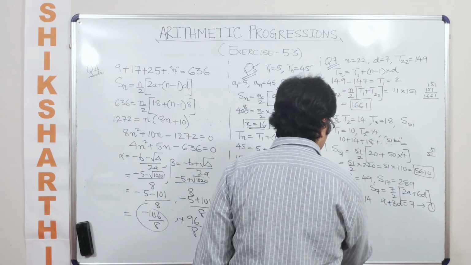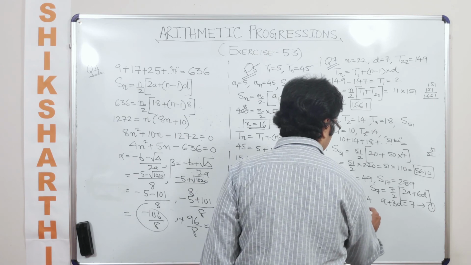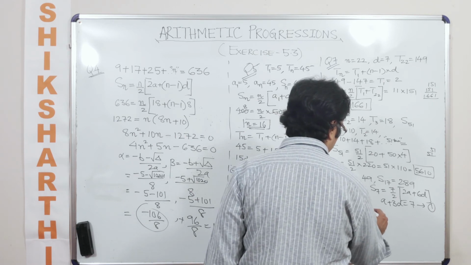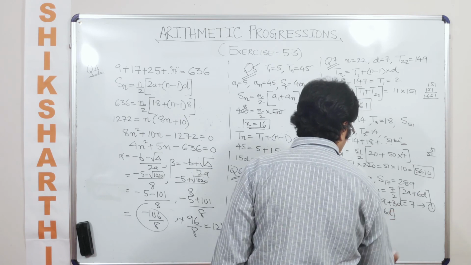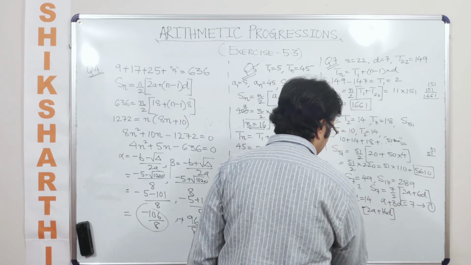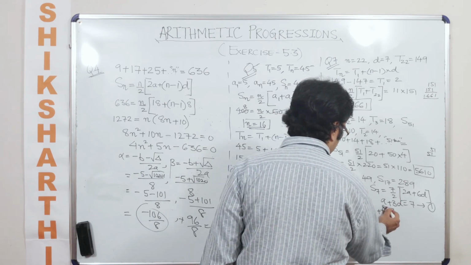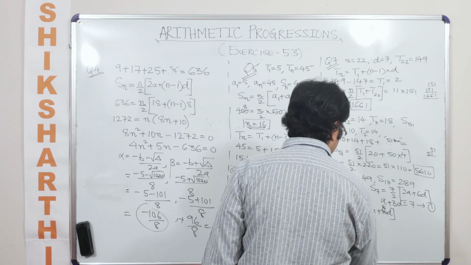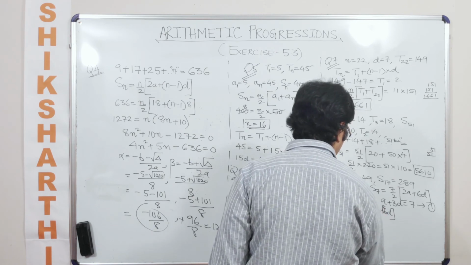Now sum for first 17 terms is just like saying 17 by 2 times of 2a plus 17 minus 1, which is 16d. Now this can be further written as, so I can always cancel a 2 from here now, and I can say that a plus 8d.